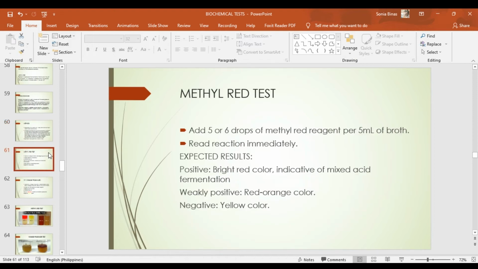So, sa ating methyl red, add 5 to 6 drops of methyl red reagent per 5 ml of broth and read reactions immediately.